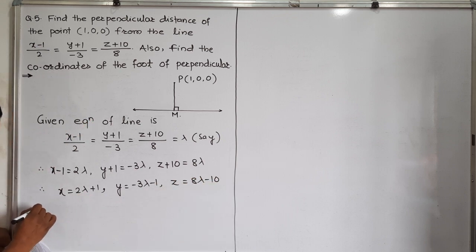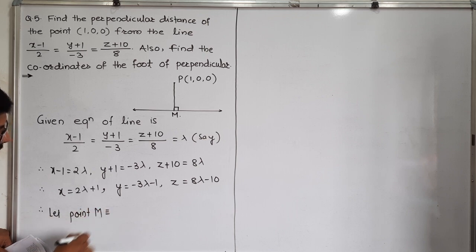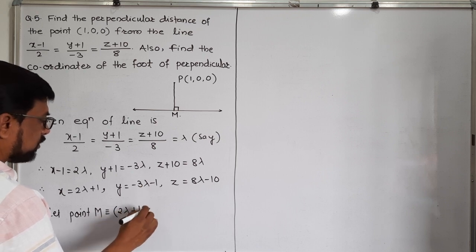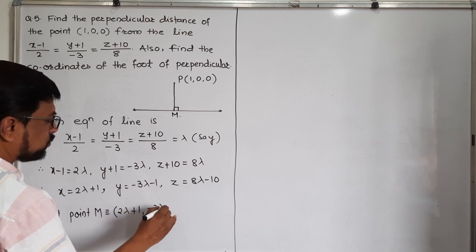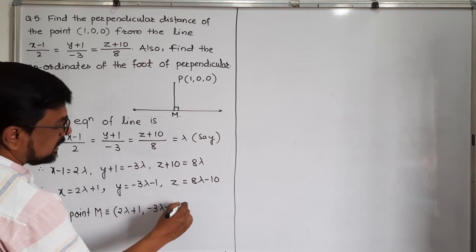Therefore let point M have coordinates (2 lambda plus 1, minus 3 lambda minus 1, 8 lambda minus 10).